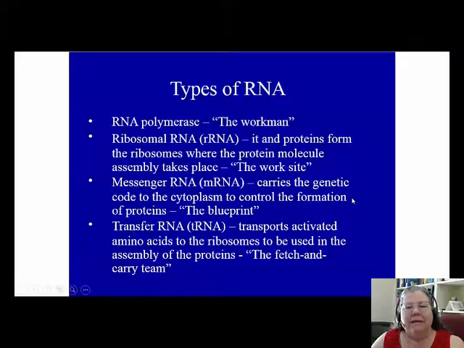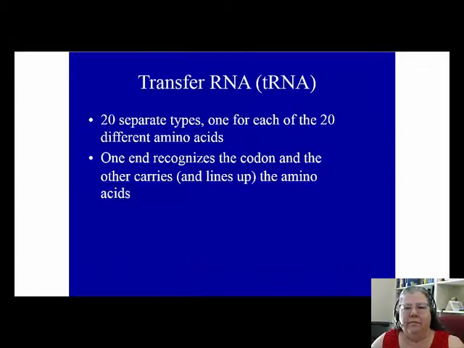There is messenger RNA that takes the genetic code to the cytoplasm to control the formation of proteins. That's sort of called the blueprint. And then the transfer RNA is another kind of RNA that brings amino acids to the ribosomes to be used in the assembly of proteins, and that's the fetch and carry team.